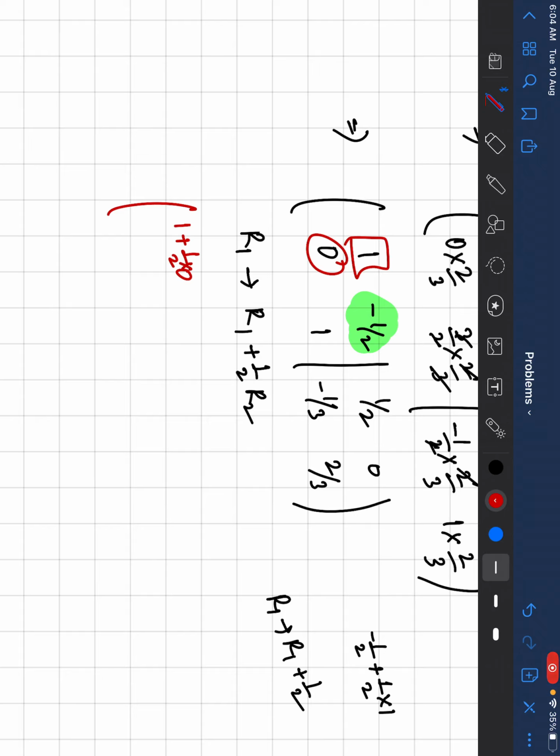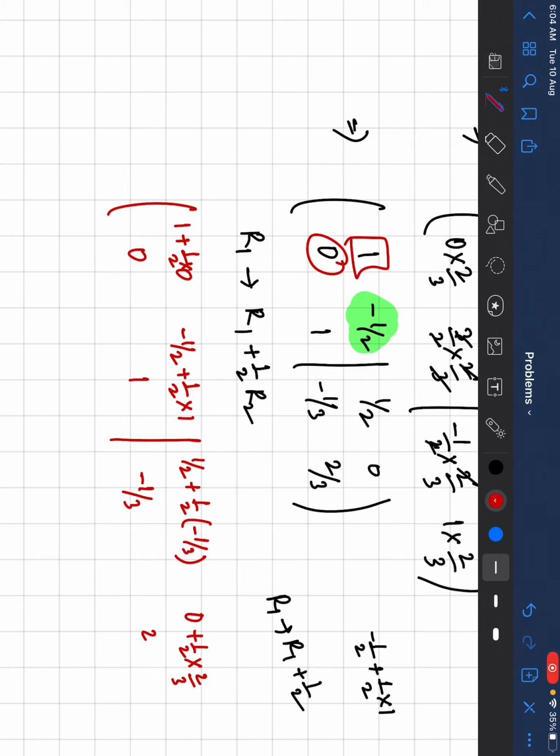Then minus half plus half into 1, and the R2 elements will remain fixed. This side same thing: half plus half into the corresponding element of R2 is minus 1 by 3, and 0 plus half into 2 by 3, and the R2 element will remain fixed.